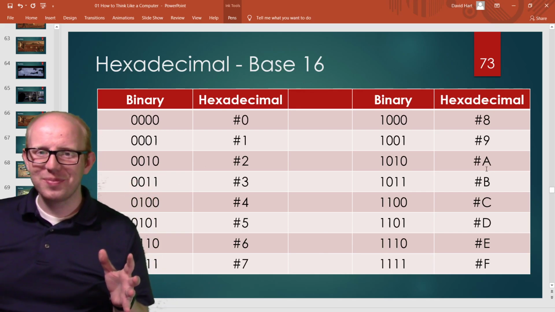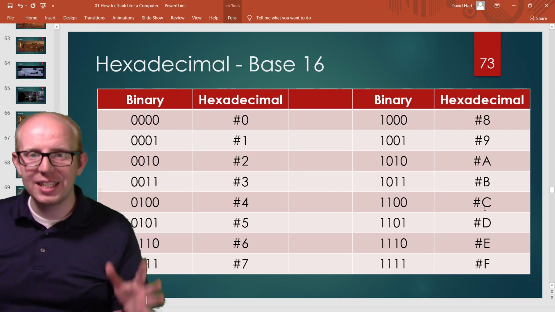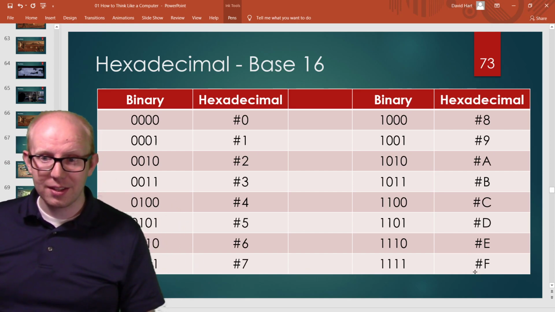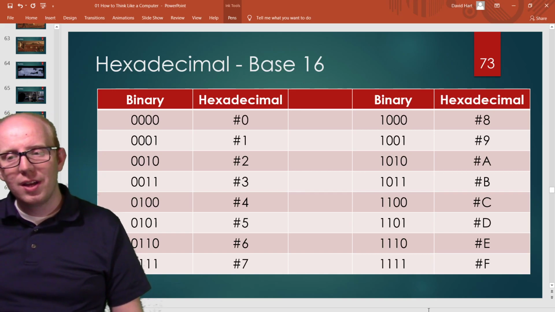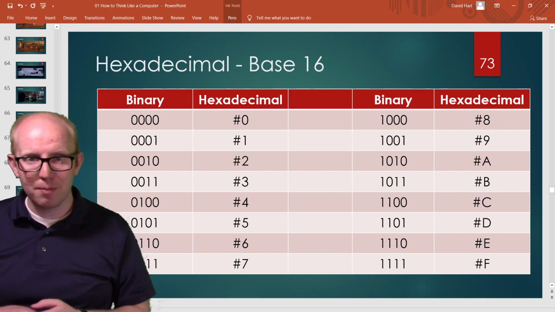Okay? Then B is the 11th number in hexadecimal, C is the 12th, D is the 13th, E is the 14th, and F is the 15th. But again, the beauty is it goes from 0 to 15, which represents exactly 4 binary numbers.